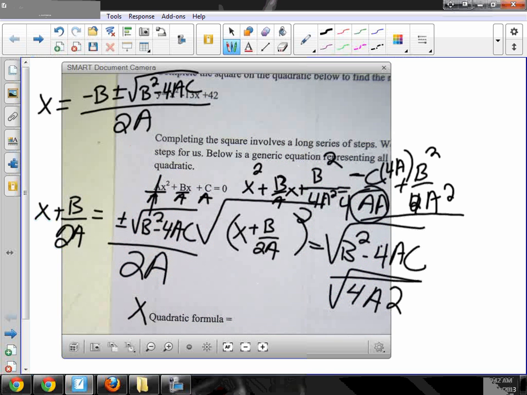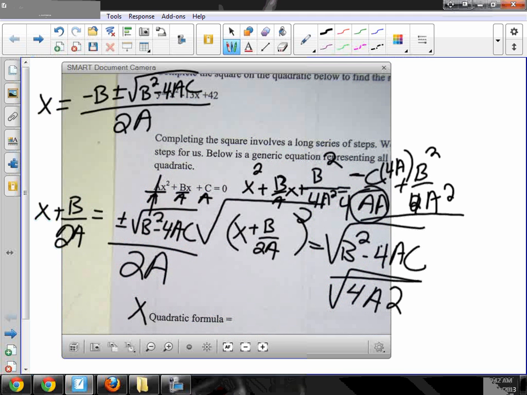Now, this will solve for the roots on any quadratic as long as you don't divide by 0. Well, what number makes the bottom 0? A equals 0. But I can guarantee you that a is never 0. How come?